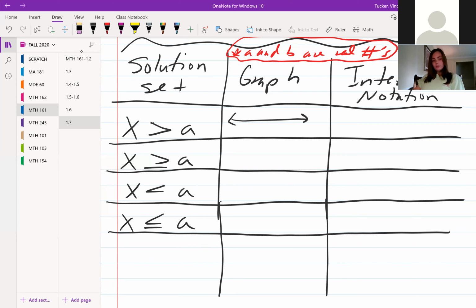So if I had x is greater than a, and I want to graph that, I will put a, parentheses over the a and shade to the right. Then my interval notation, a comma infinity, using parentheses on both.